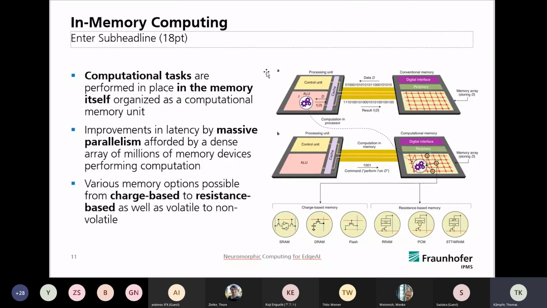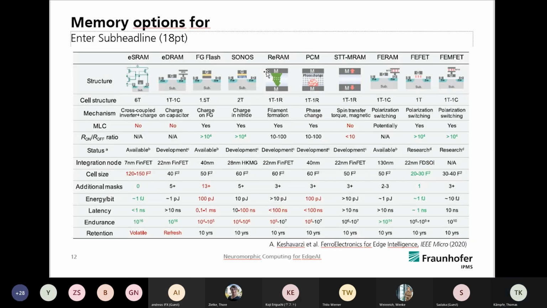The memory options we can implement here reach from memories like SRAM, static random access memory, DRAM, flash, or resistance-based memories like RRAM, PCRAM, or STT-MRAM, and hence constitute both volatile and non-volatile memory solutions. Here's a summary table of the suitable memory technologies to be used for in-memory computing.